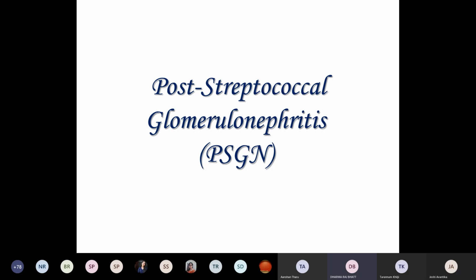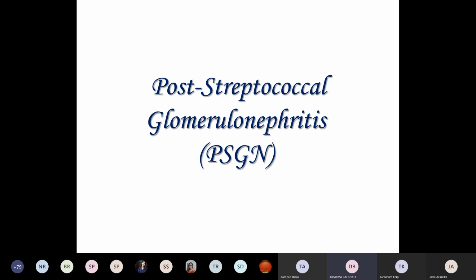As we said, streptococci are commonly associated with skin infection, respiratory infection, and many others. So some of these streptococci, after causing primary infection in the form of maybe respiratory infection or skin infection, are then in some cases associated with post-streptococcal complications.